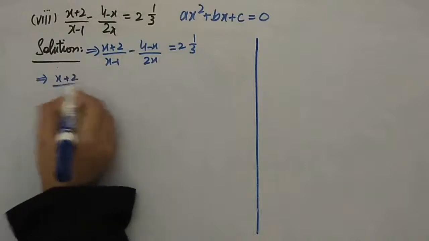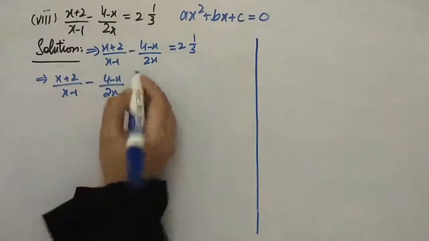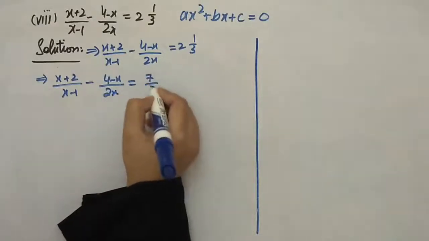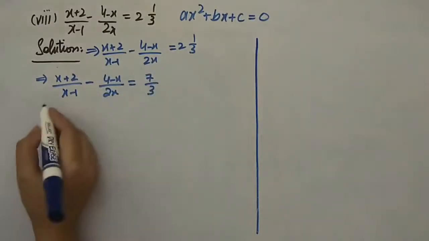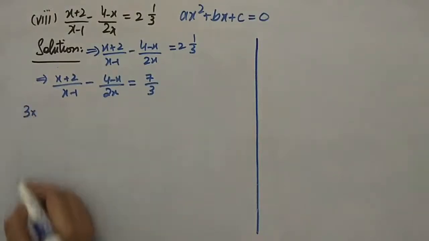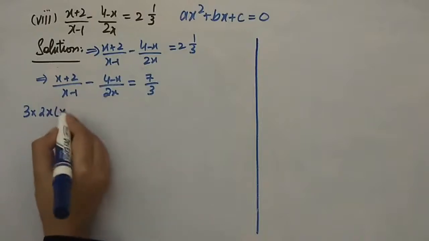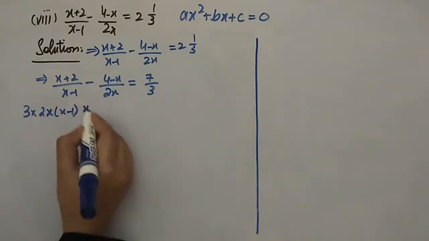x plus 2 over x minus 1, 4 minus x over 2x, equals 3 over 6 plus 1, that is 7 by 3. Clear? Taking LCM, multiplying with 3, 2x and x minus 1 on both sides. Clear?